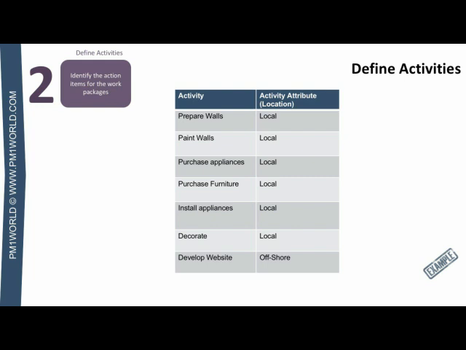The activity list are the actions or tasks, as some people might like to call them. Activity attributes extend the description of the activity by possibly adding a characteristic, sometimes location, for example. It can be used for selecting, ordering, and sorting the activities into reports, especially when you have a long list of activities.